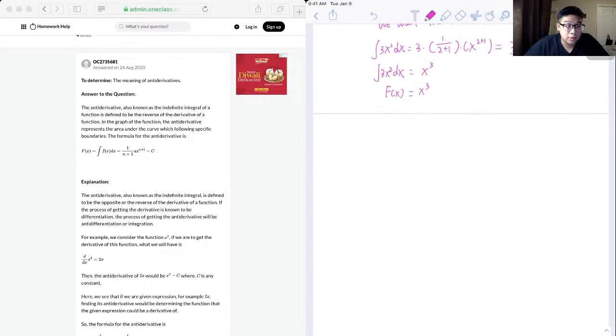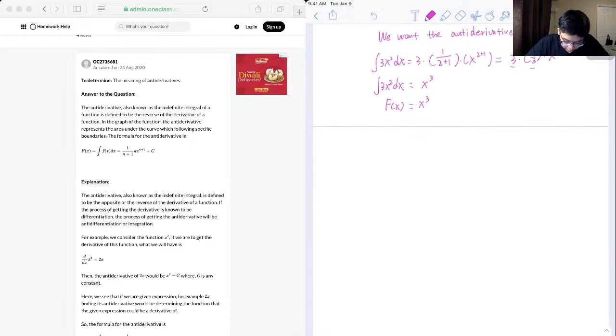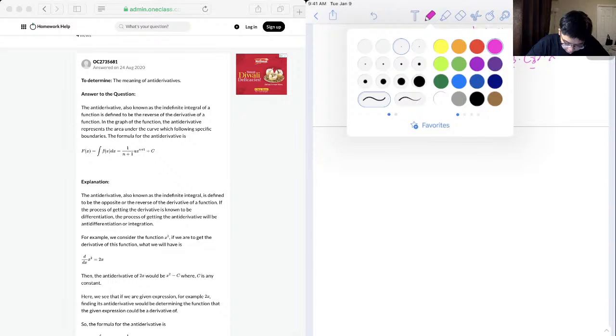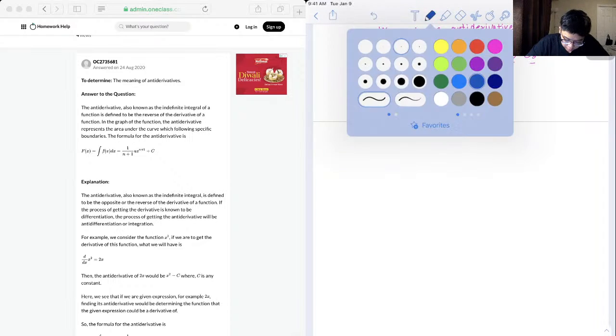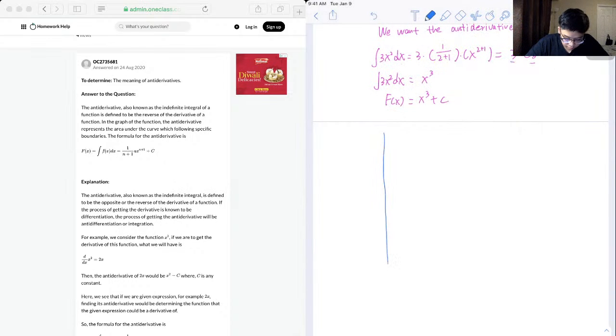And so in the graph of a function, the derivative of the function is the slope of the tangent at a certain point in the function, while the antiderivative represents the area under the curve with specific boundaries. Oh, it should be a plus c. So that's the y-axis, x-axis, 0.